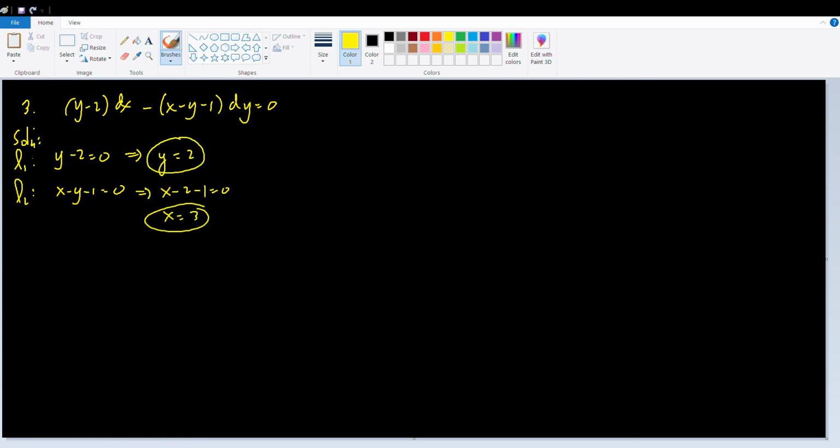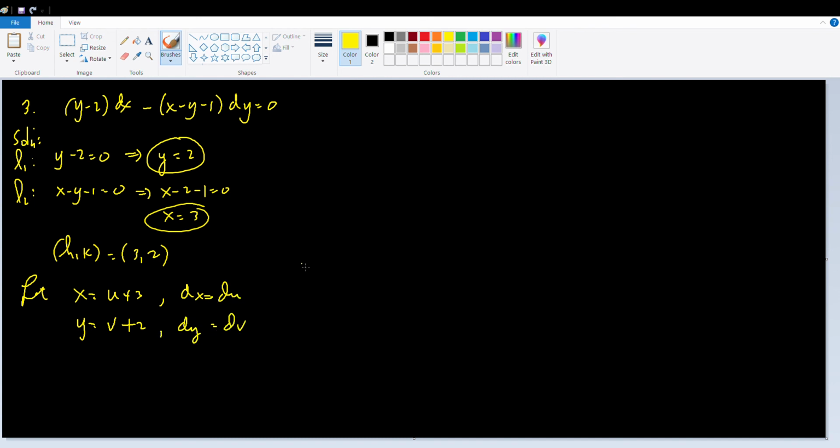Y is 2 and x is 3. So our h, k is 3 comma 2. Then let x be equal to u plus 3 and y equal to v plus 2. Then dx is equal to du and dy is equal to dv.